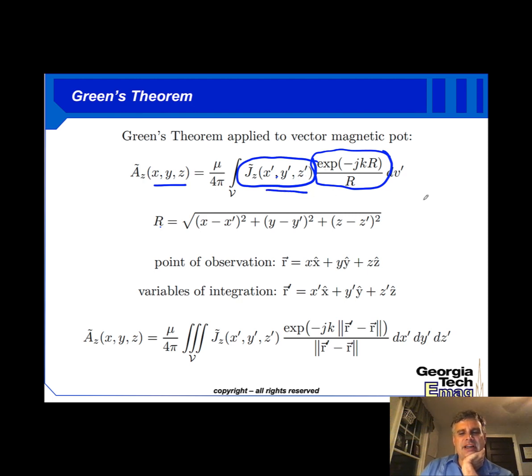When we start talking about distributions of current density, J vector, and keep in mind the way that I've drawn this, it should all be z-directed pointing. But the amplitude and the phase can vary with respect to space. Now to do that, we are going to have to take that basic kernel and apply Green's theorem and move that around the entire volume.